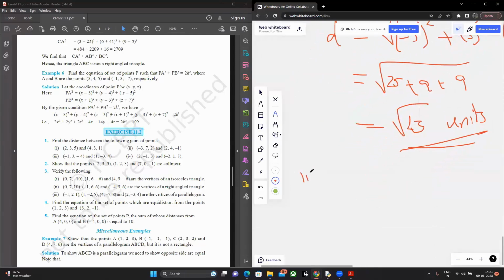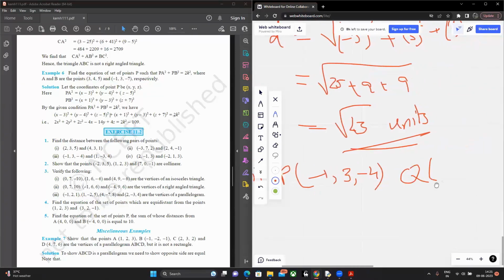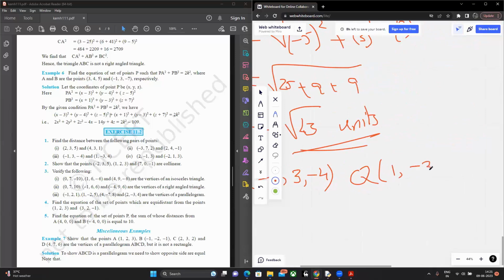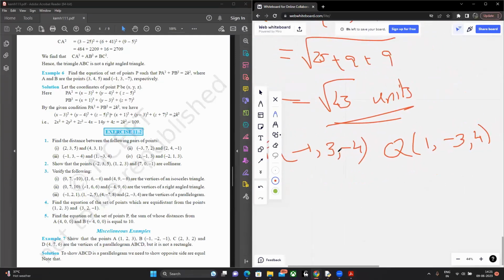Then you have question number 3, where you are given the point P of (-1, 3, -4), and the point Q of (1, -3, 4). Consider the fact that the midpoint of these is the origin.